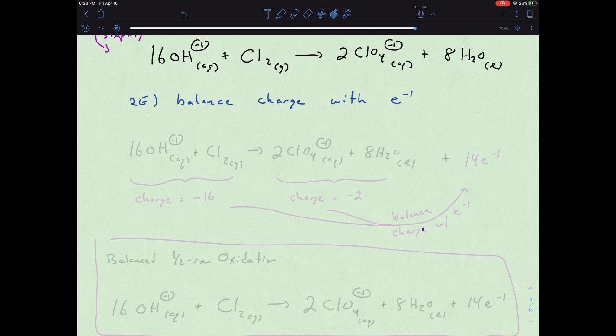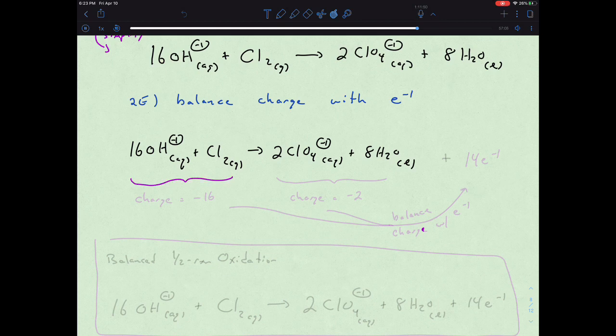So just to write that reaction where we're at so far again, so we can put in this charge idea. Right, this is where we left off above, and we start to calculate our charge.